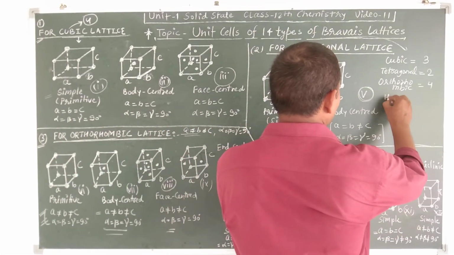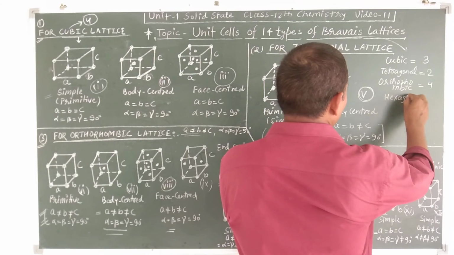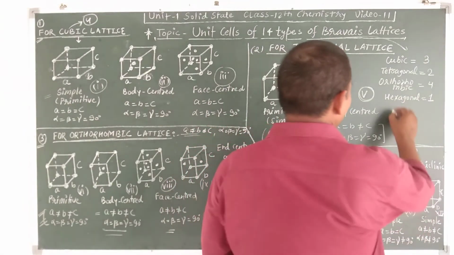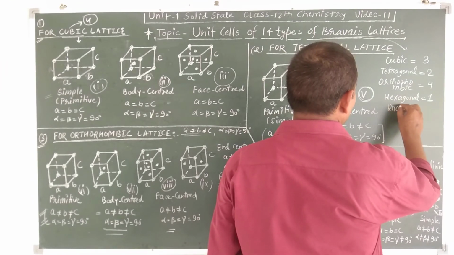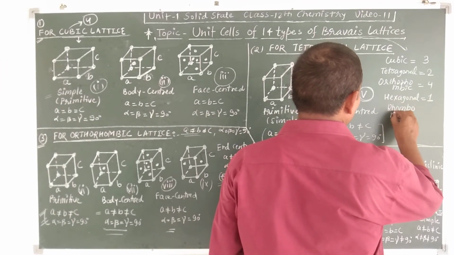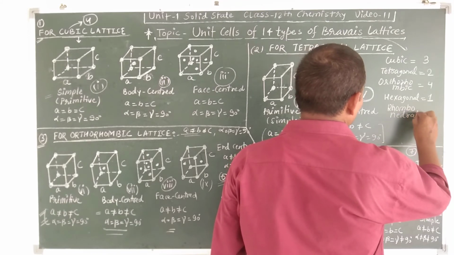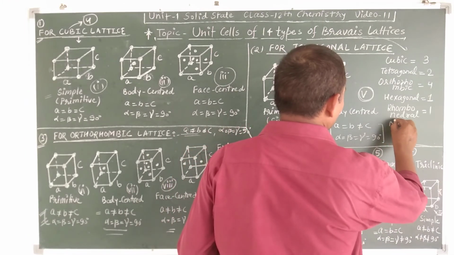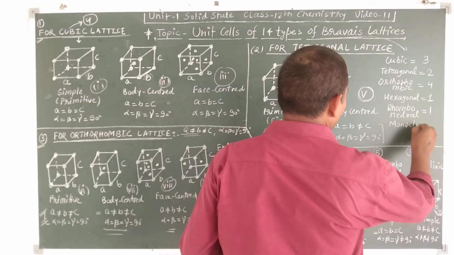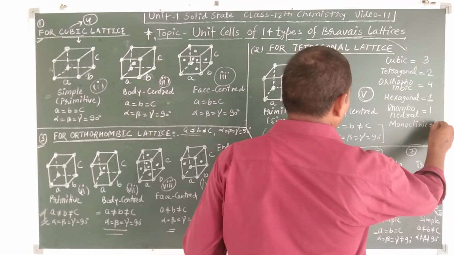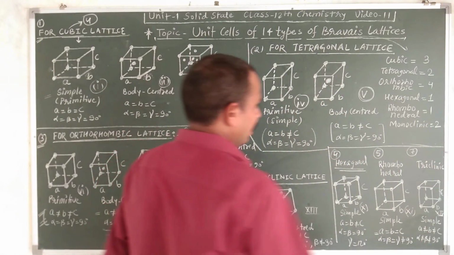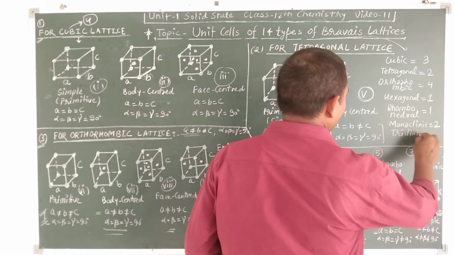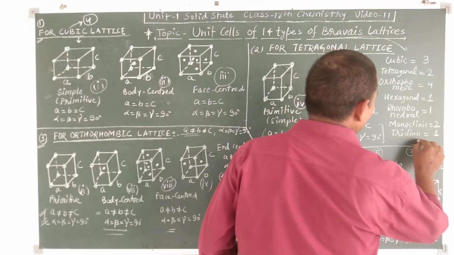Hexagonal, 1 variation. Rhombohedral, 1 variation. Monoclinic, two variations, and the last one is triclinic, one variation.